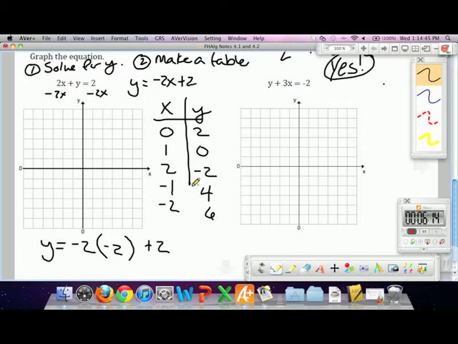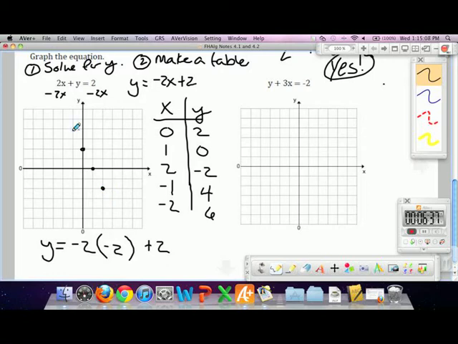Left and right 0, up 2. Right 1, up 0. Right 2, down 2. Left 1, up 4.